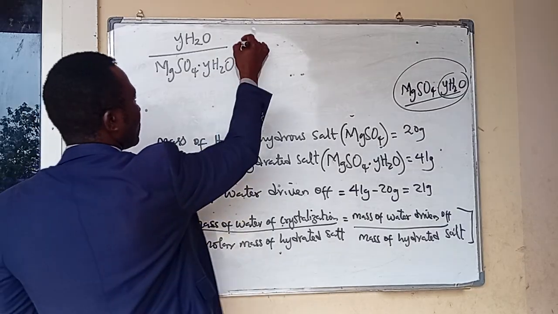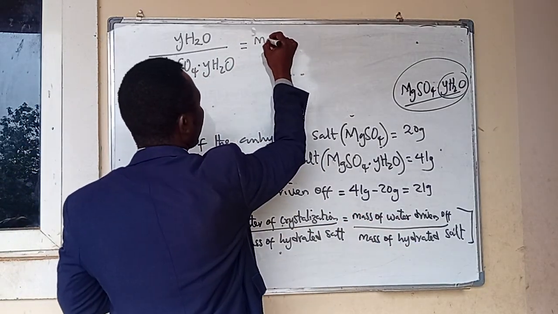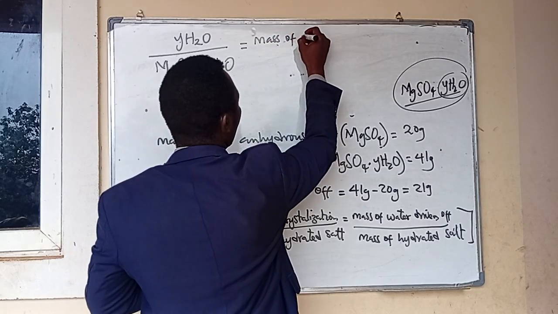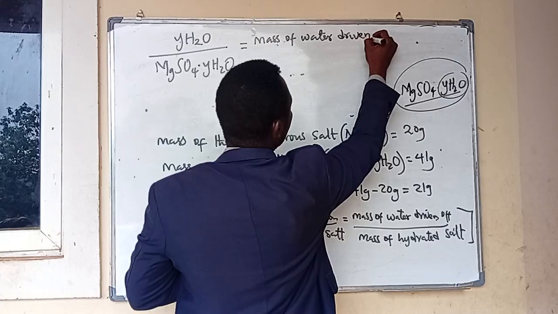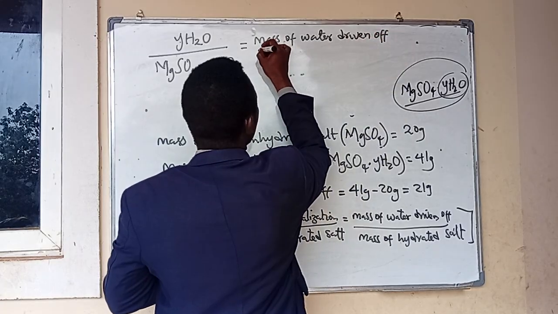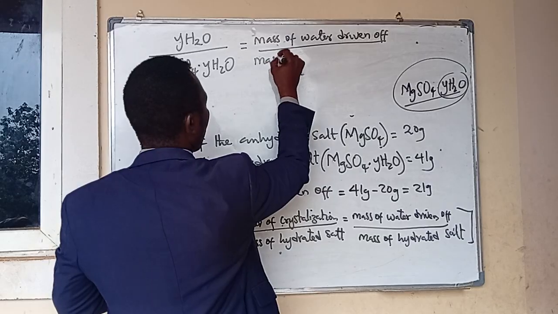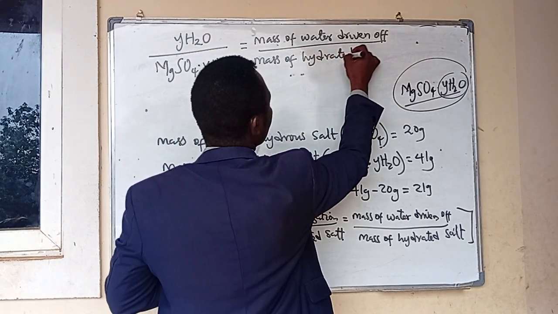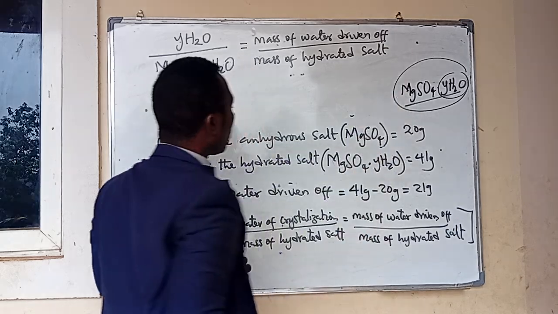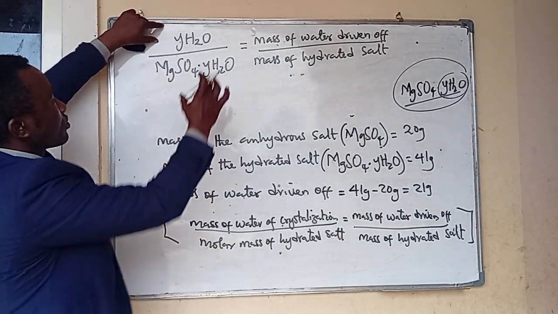So this ratio will equal the mass of water driven off divided by the mass of the hydrated salt.